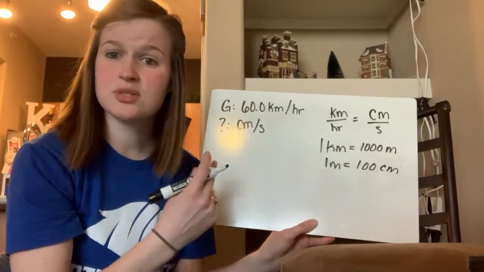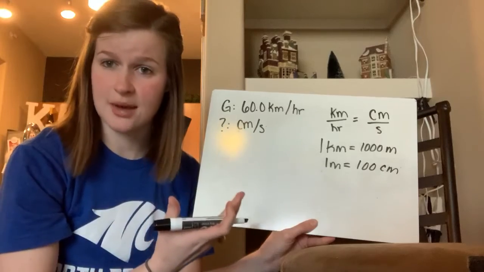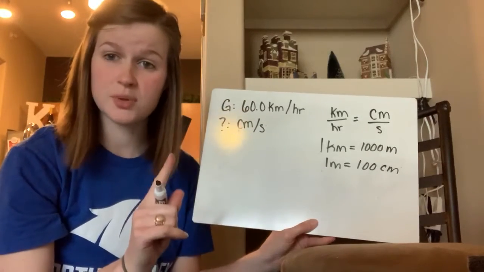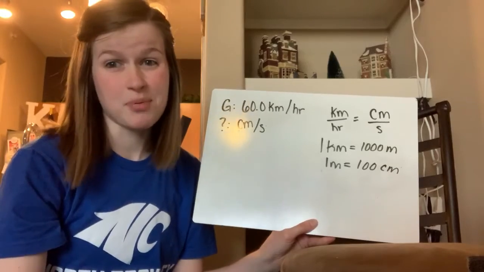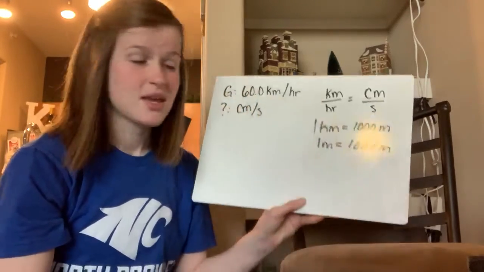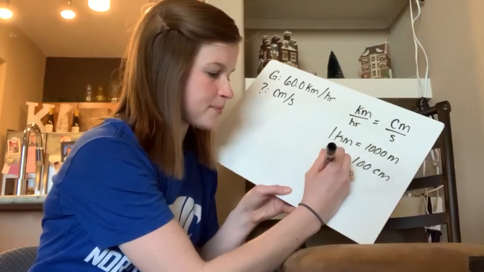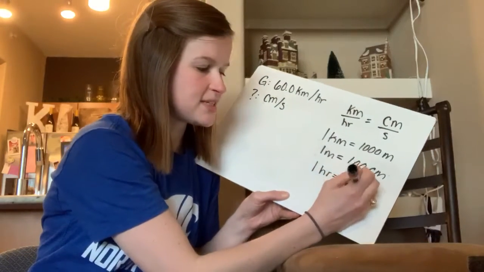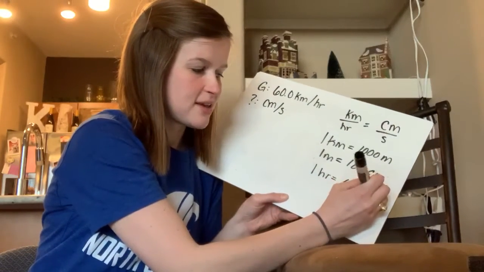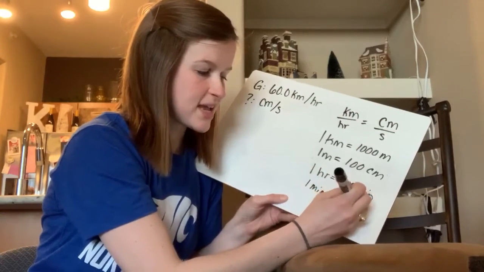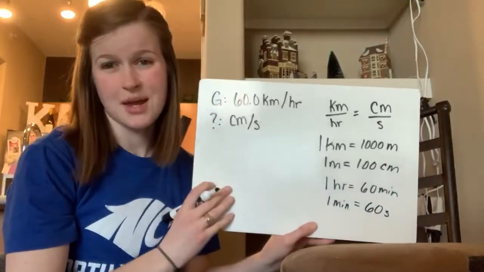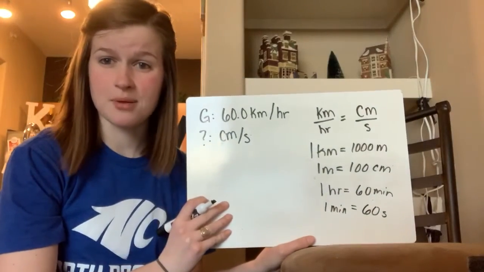I'm going to do it in 2 since most of y'all probably think in 2 steps. But you could do it in 1. And then also hours to seconds, probably in our mind 2 steps. So 1 hour is equal to 60 minutes. And then 1 minute is equal to 60 seconds. So 2 different steps here. So this is going to be a longer problem.